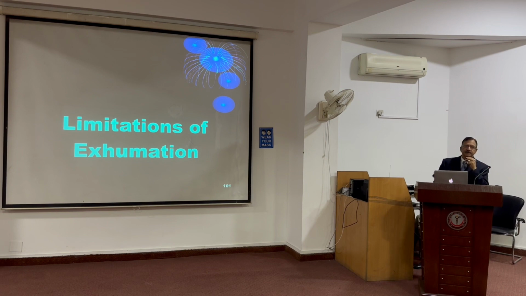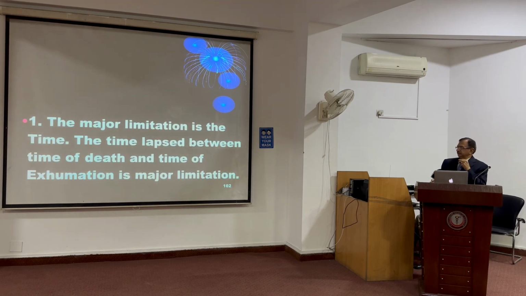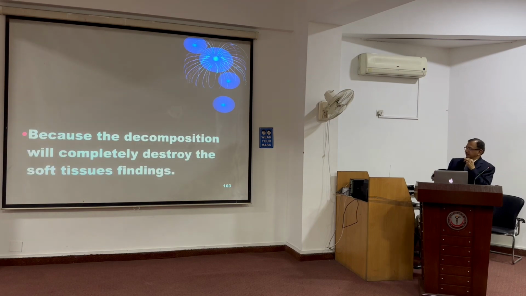The biggest limitation in finding out any cause is putrefaction, because if the allegation is that he was strangled, the findings will be in the soft tissue, and they will be lost. Or if there is any allegation of damage to the soft tissue, that will not be detectable because of putrefaction. So the major limitation is time between death and exhumation, which will lead to putrefaction, and this decomposition will destroy the findings in the soft tissues.